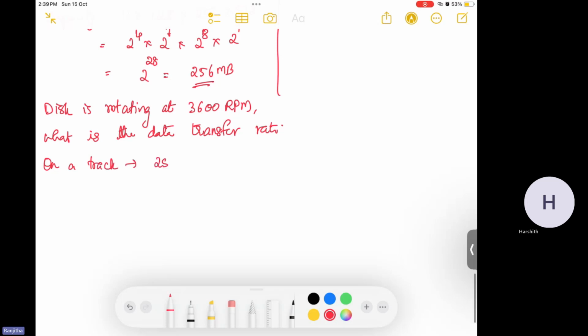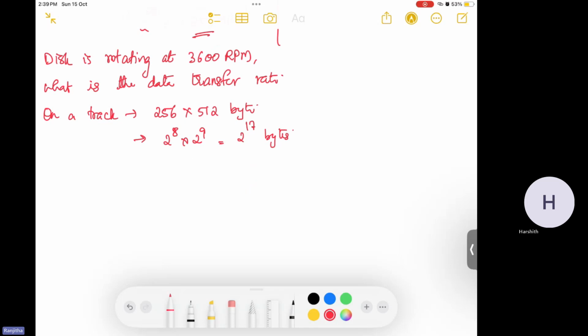We have 256 sectors on a track, and each sector has 512 bytes, which is 2 power 8 into 2 power 9, which is 2 power 17 bytes. So in one rotation, this whole 2 power 17 bytes can be transferred.